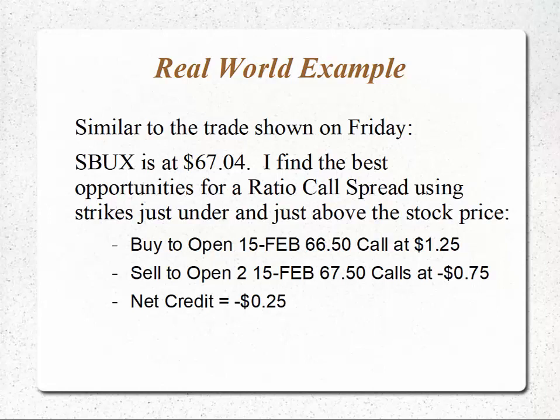In this case, I might have looked out to February 15th, about 14 days out in time, and bought a 66.50 strike for $1.25. At the same time, I'm going to sell to open two February 67.5 calls just out of the money for 75 cents. So I get $1.50 and my total net credit is 25 cents.